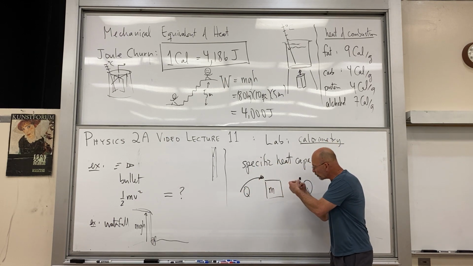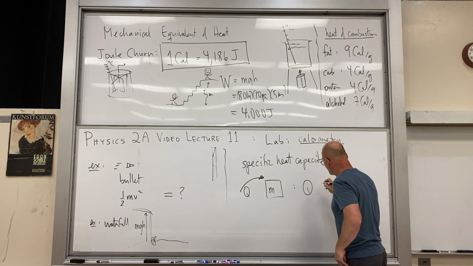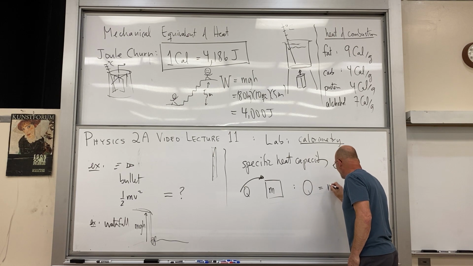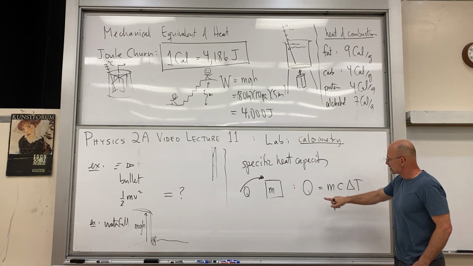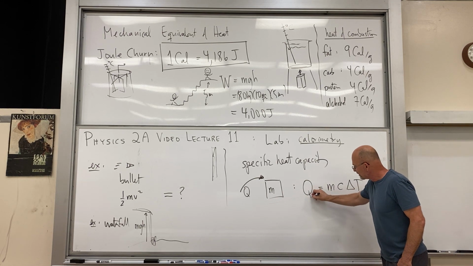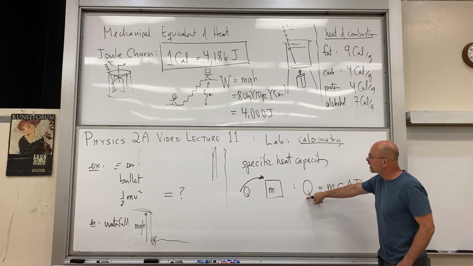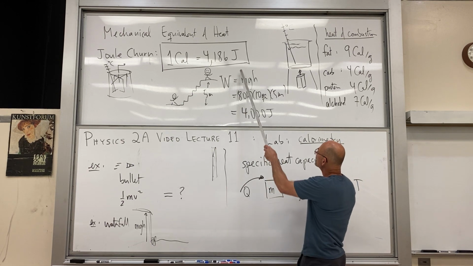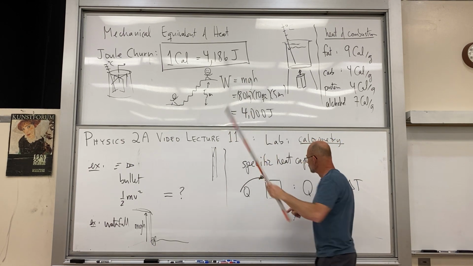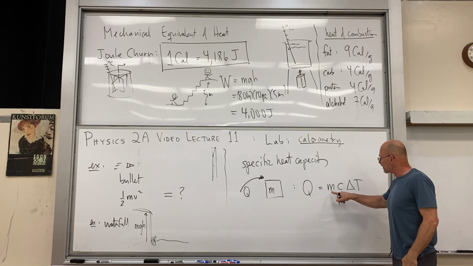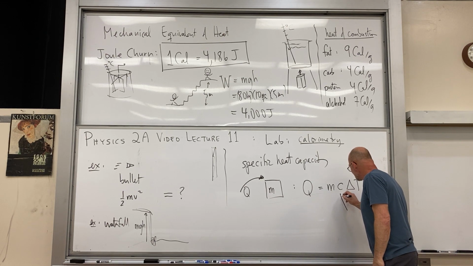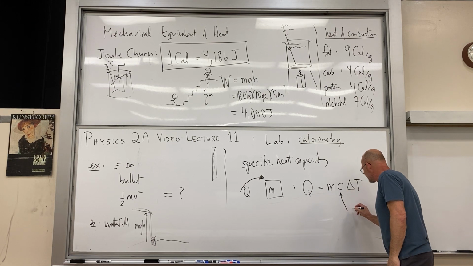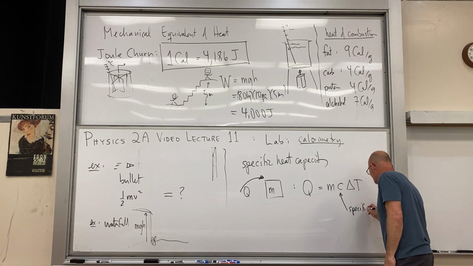Thermal energy flows in and raises the temperature. So what we have here is Q equals mc change in temperature. So this is a certain amount of thermal energy. We know we can measure it in joules, okay, because calories are measured in joules. So we're going to say it's in joules. There's the mass, there's the change in temperature, and this is what's called the specific heat capacity. And I'll just write specific heat.